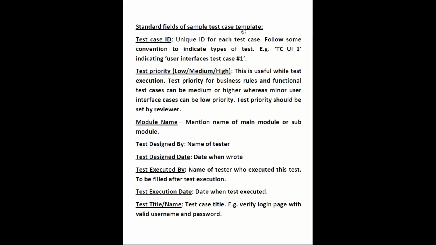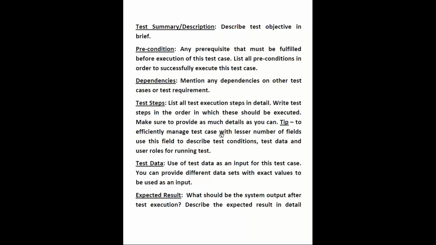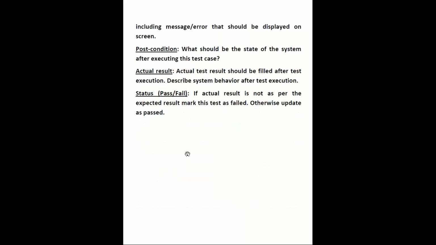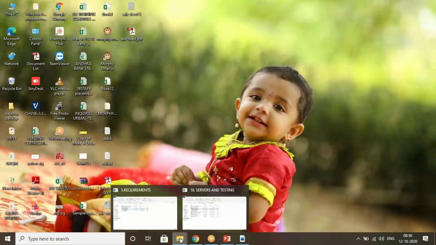And these are the standard fields which you can see in a test case template: test case ID, test priority (low, medium or high), module name, test designed by, designed date, executed by, execution date, test title name, test summary, preconditions, dependencies, test steps, test data, expected result, post condition, actual result, and status. Okay. So these are the fields that you will see. Let me show you the format so that you can understand.